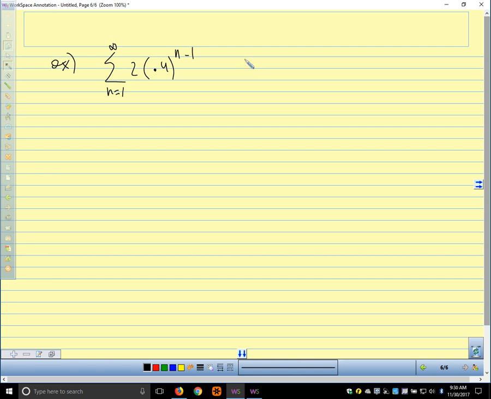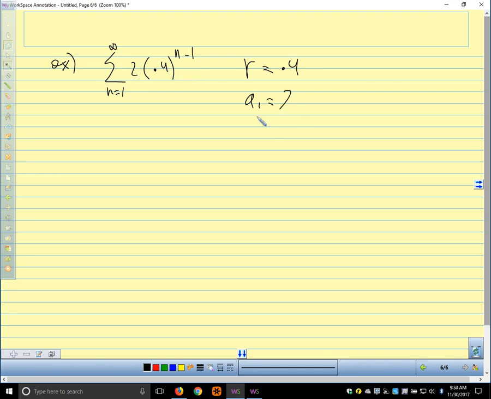So r is 0.4. A1 is 2 times 0.4 to the 1 minus 1, 0.4 to the 0 power. What's 0.4 to the 0 power? Anything to the 0 power? 1. So it's 2 times 1.